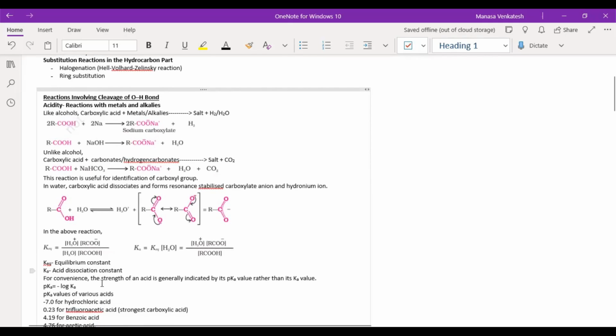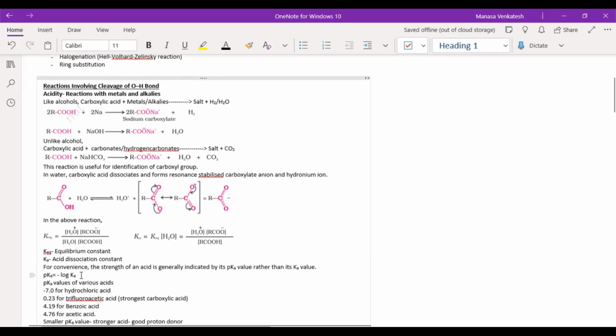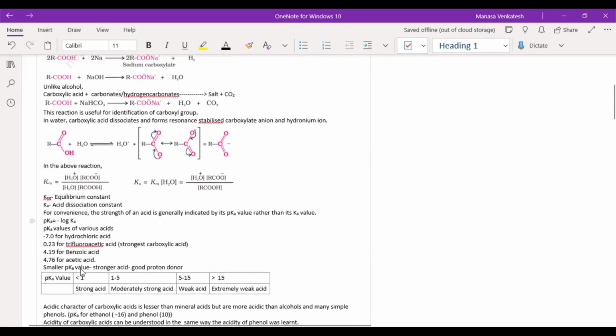When we talk about the strength of an acid, it is denoted by its pKa value. pKa is minus log of the Ka value, the negative logarithm of the acid dissociation constant. Here I have a list of various acids with their pKa. You have -7 for hydrochloric acid, and acetic acid is 4.76. So obviously hydrochloric acid is the strongest, whereas acetic acid is the weakest in this set.